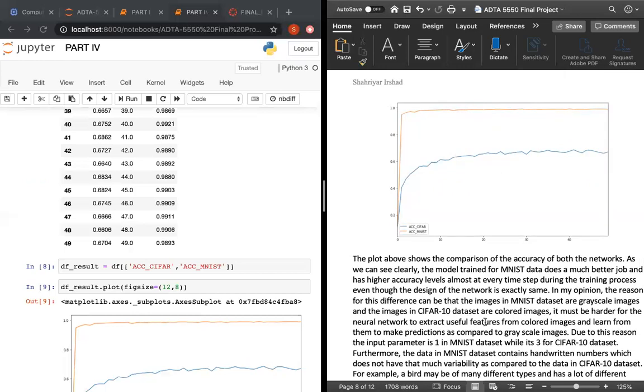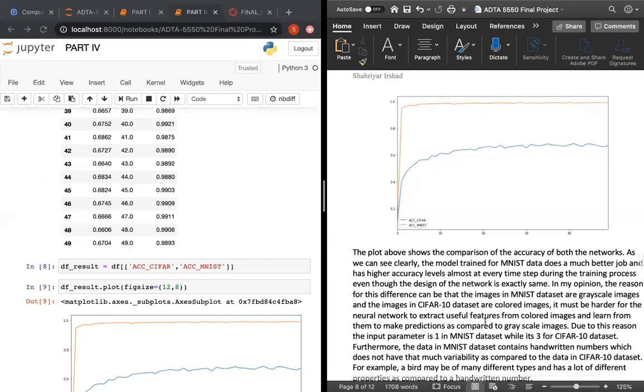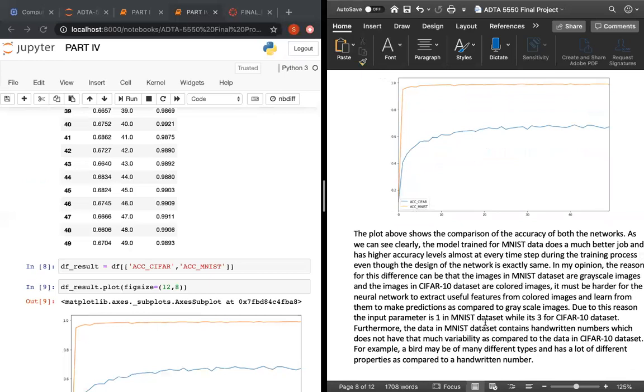So there can be a lot of different properties of aeroplane and much more as compared to a single alphabet, let's say A. So that is why I think it can be difficult for a neural network to learn from the images in CIFAR 10 dataset, which is why I think it performed better with the MNIST dataset.